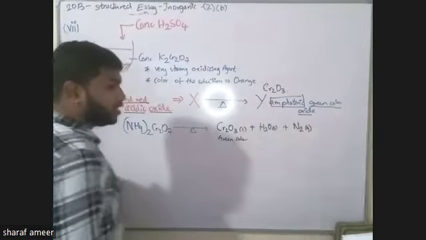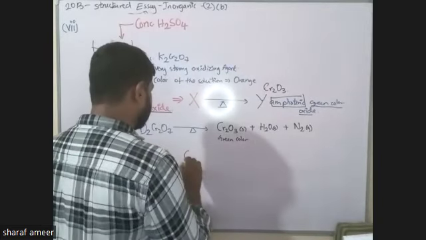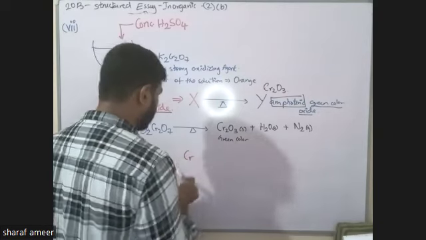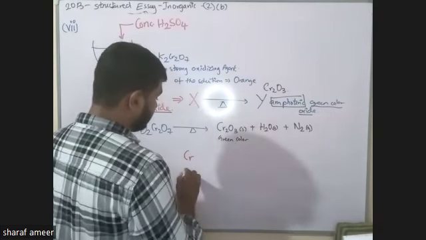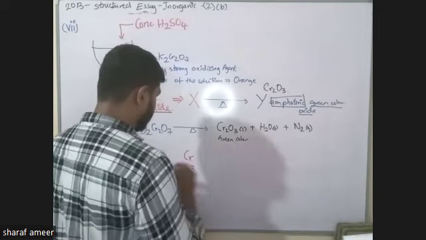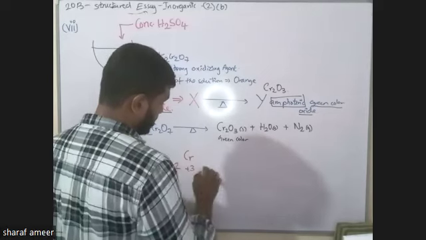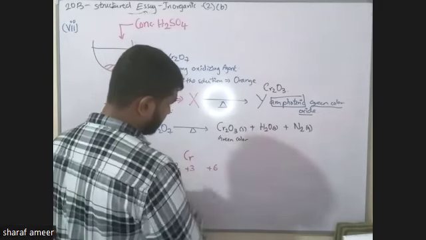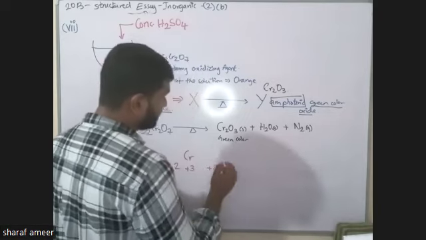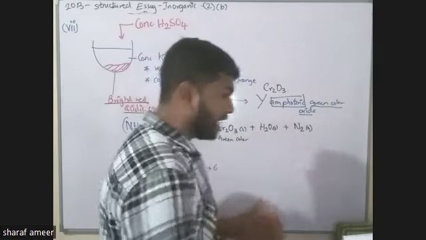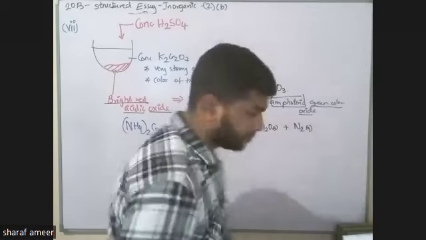In chromium's oxidation states, we have +3, then +2, then +6. In +6, we have 3 forms, and one is really unstable.